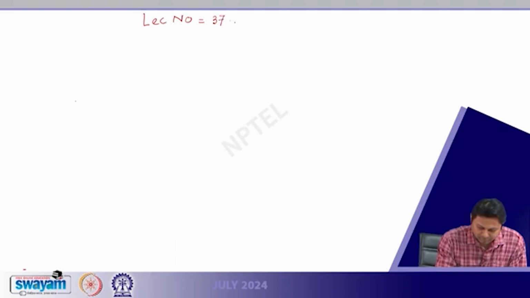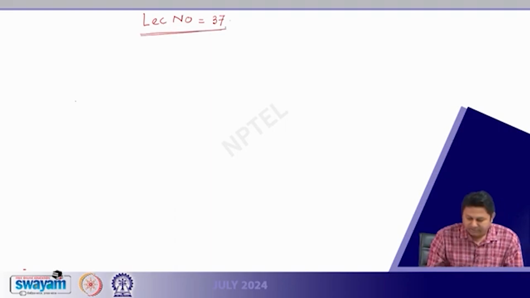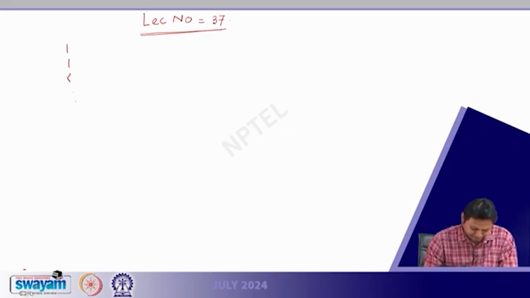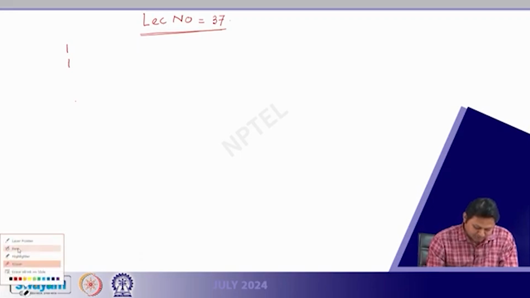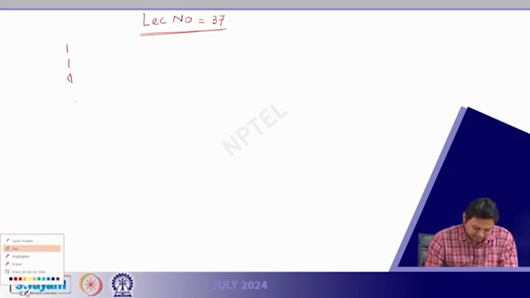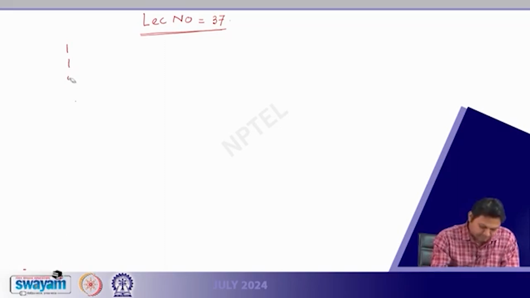The formalism I already mentioned in the last class: instead of one slit we have multiple slits here, and the interference pattern and diffraction pattern both take place together here.